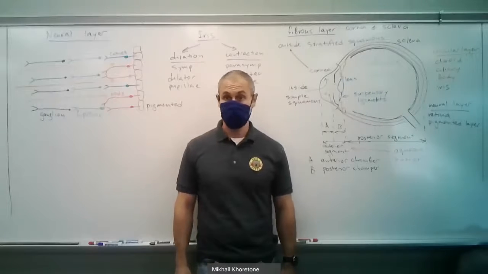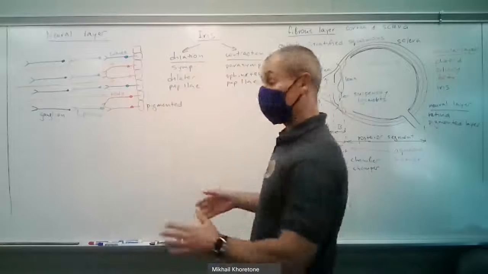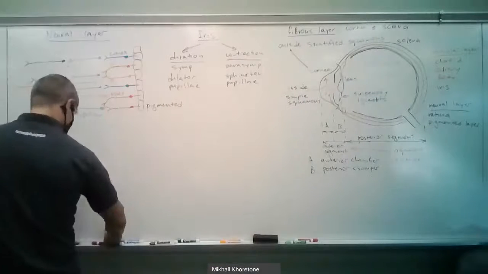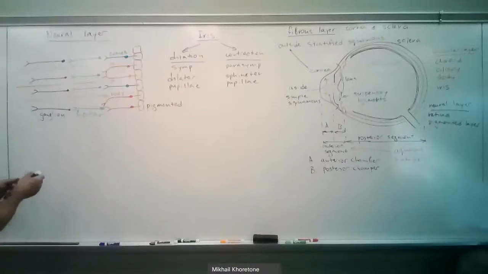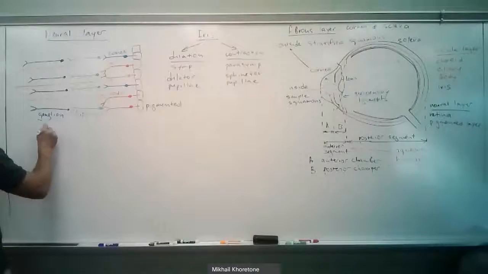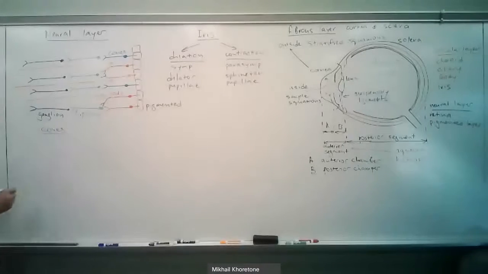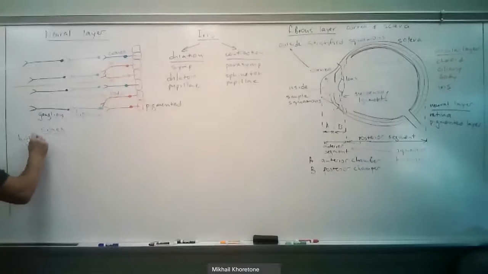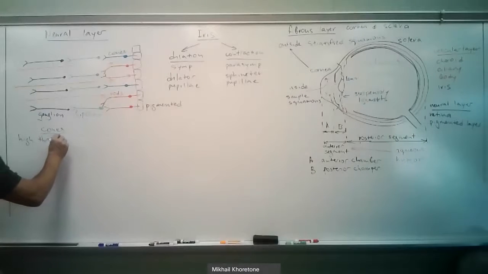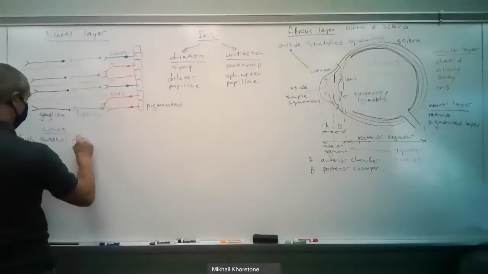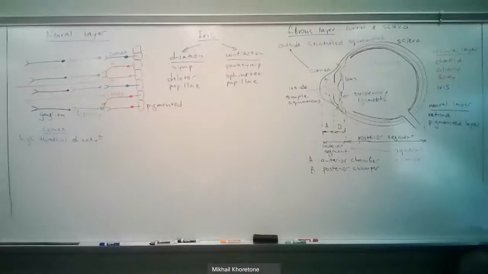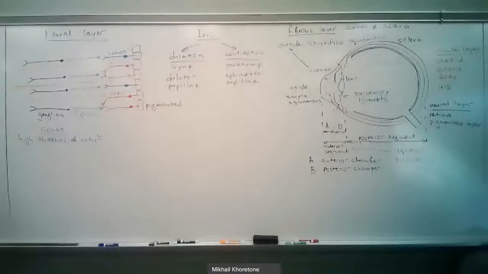Good? Now, let's discuss the differences between rods and cones. So cones have a very high threshold of activation. What does that mean? They need a lot of light to start producing the signal.